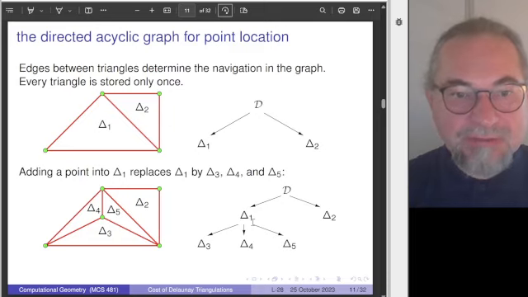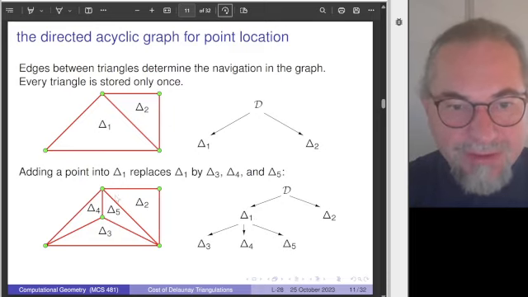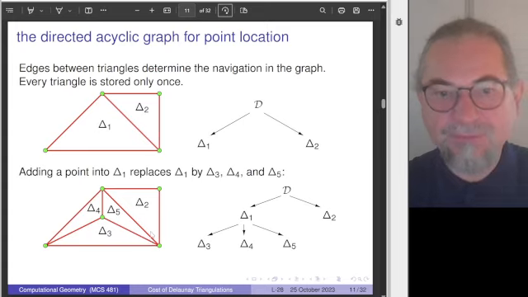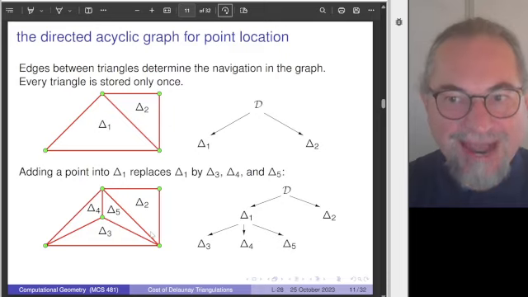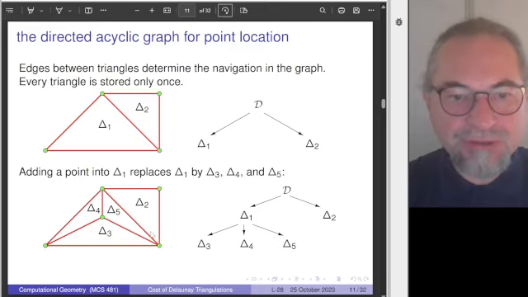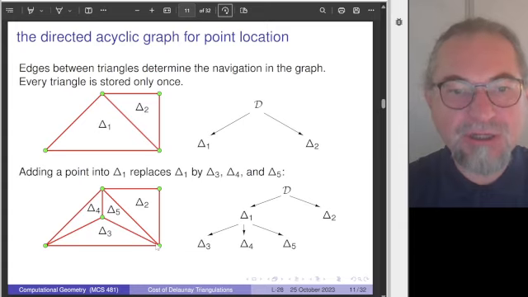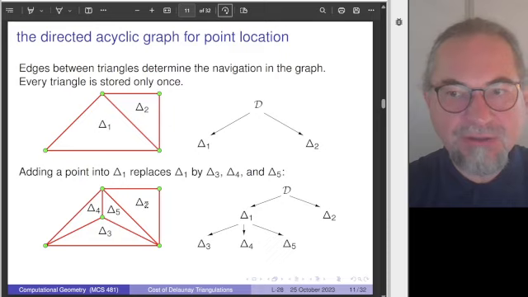So this is adding one point, but as you perhaps already can see, if you have followed carefully the discussions on angle optimal triangulations, then you see there are some very sharp angles between these two adjacent triangles, delta 2 and delta 5.